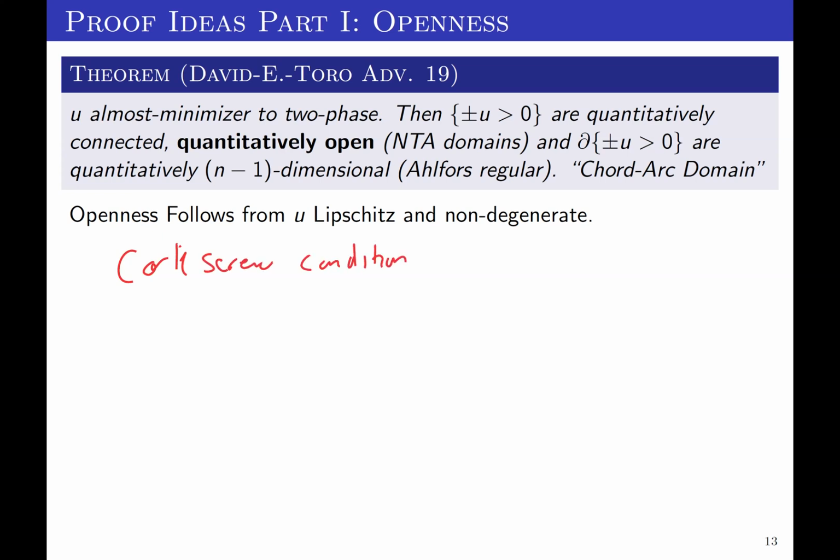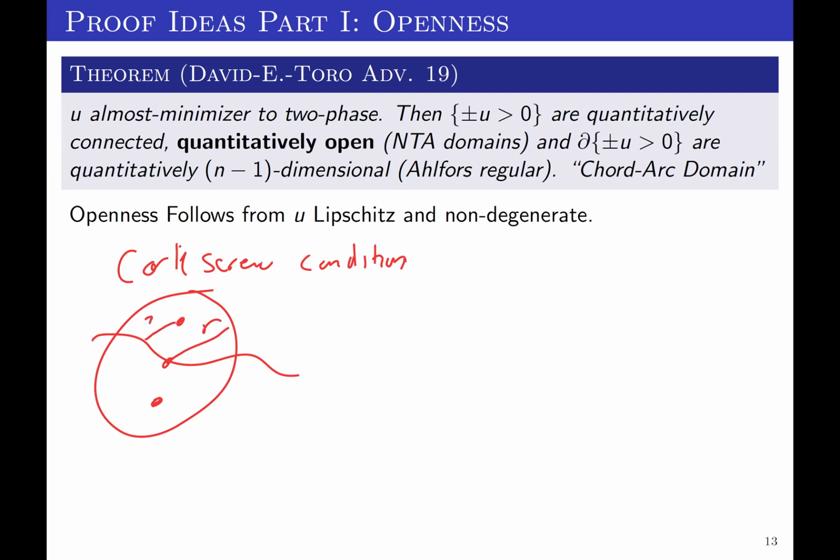This name was invented by Carlos Kenig and David Jerison, presumably over a bottle of wine sometime in the 80s. And it says the following: take any point on the boundary of the domain. There exists a point in the interior and the exterior of the domain at scale r, and these points are not too close to the boundary.